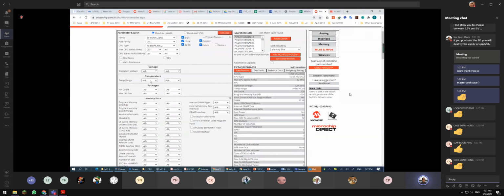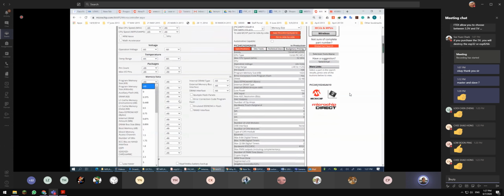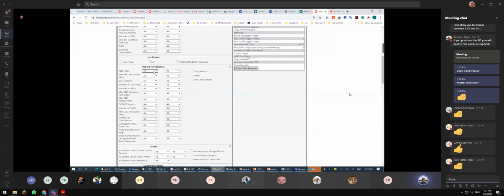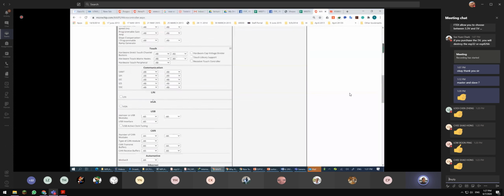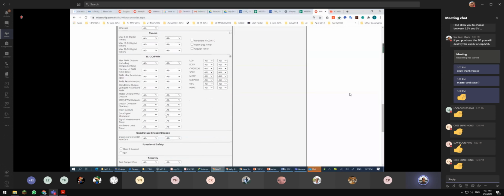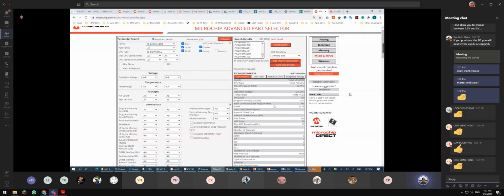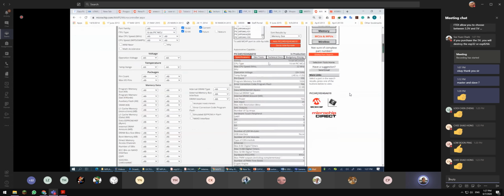Then you can select what operating voltage, how much memory size you want, whether you need ADC or not, and how many ADCs you need. You just click all this information, then they will come out and match it for you, what is really suitable for your design.